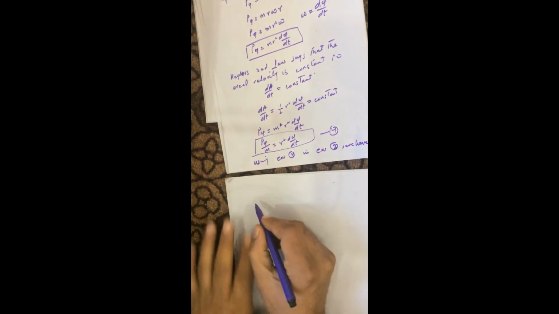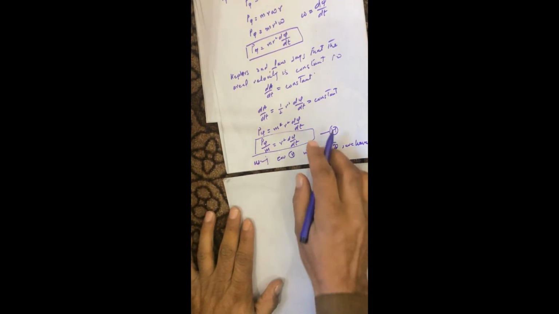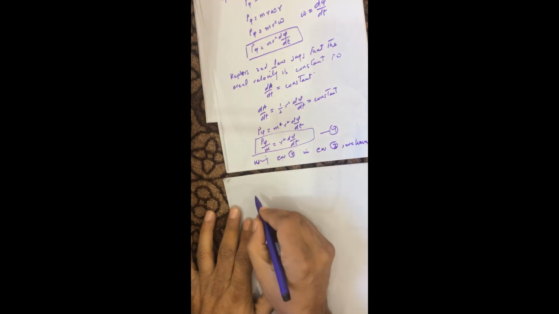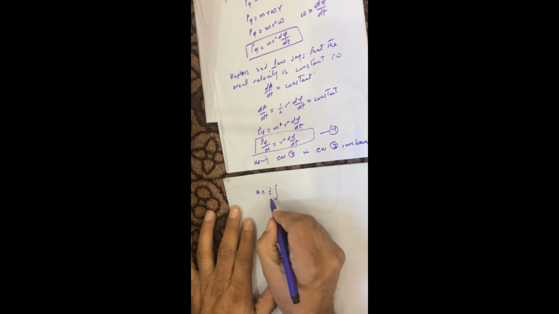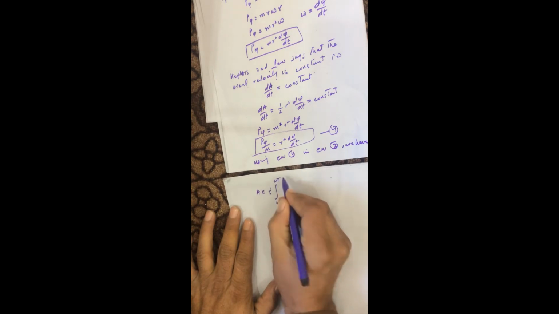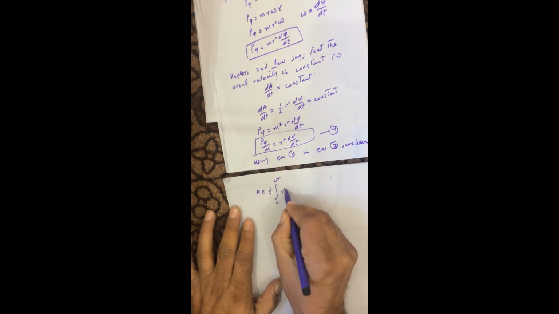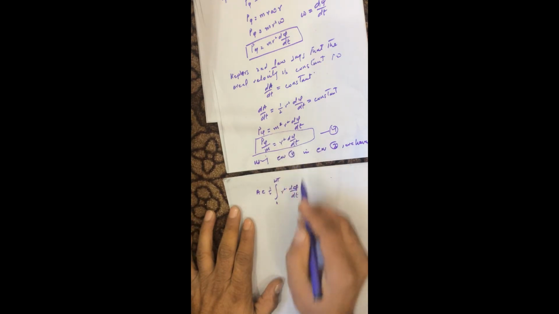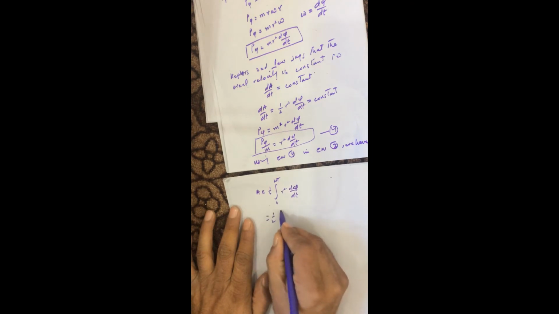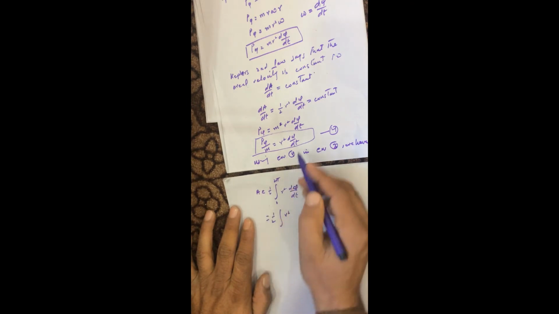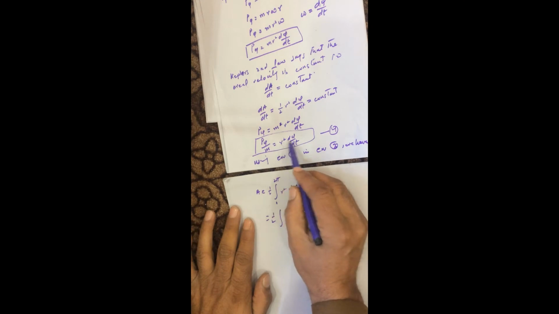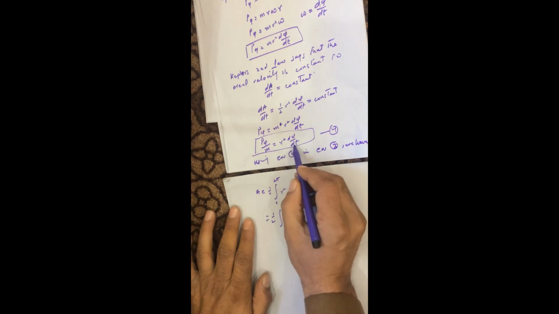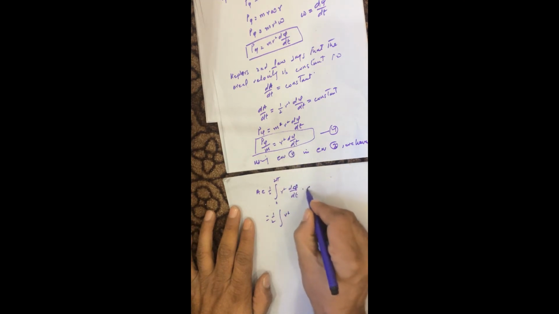I write the direct equation. A is equal to, equation 4 is this one, and equation 3 is A is equal to 1 over 2 integral from 0 to 2 pi of r square d phi by dt, which is equal to 1 over 2 integral of r square d phi by dt into dt.